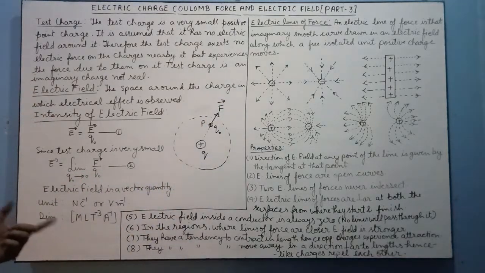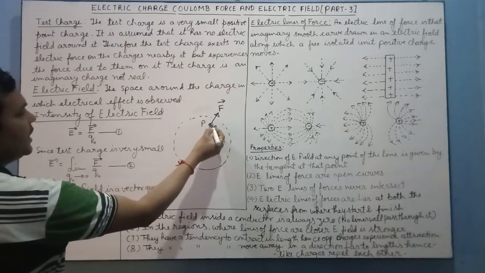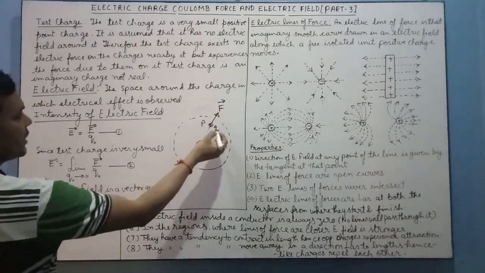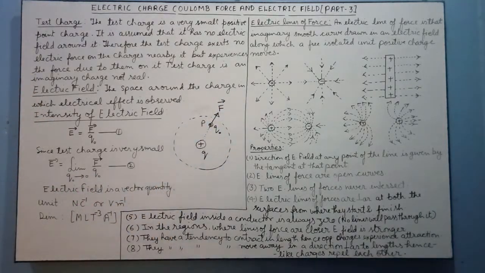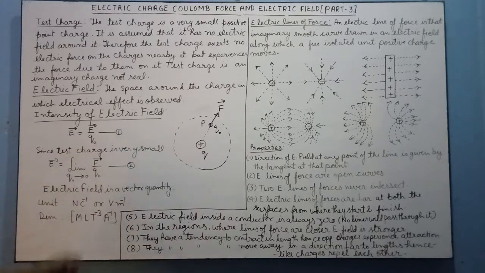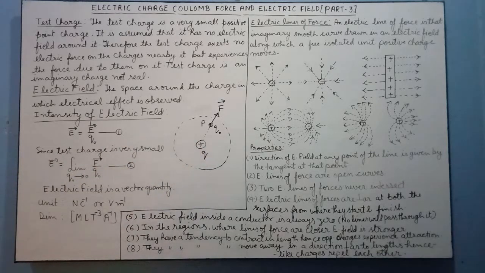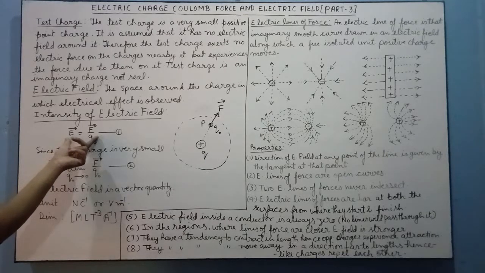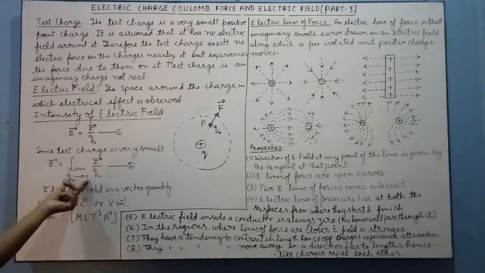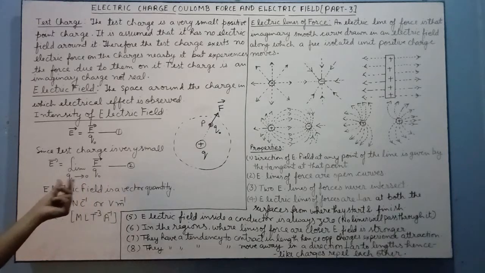Let this force be capital F. Now the electric intensity at this point P will be the ratio of this force and this test charge Q0. So capital E is equal to F upon Q0. Here this test charge is extremely small, so we will write this expression along with a limit: E is equal to limit Q0 tending to 0 of F upon Q0.